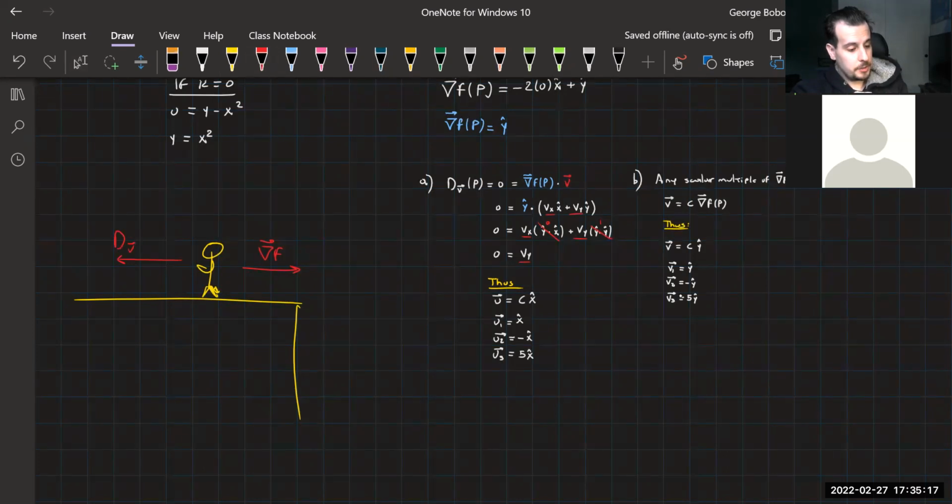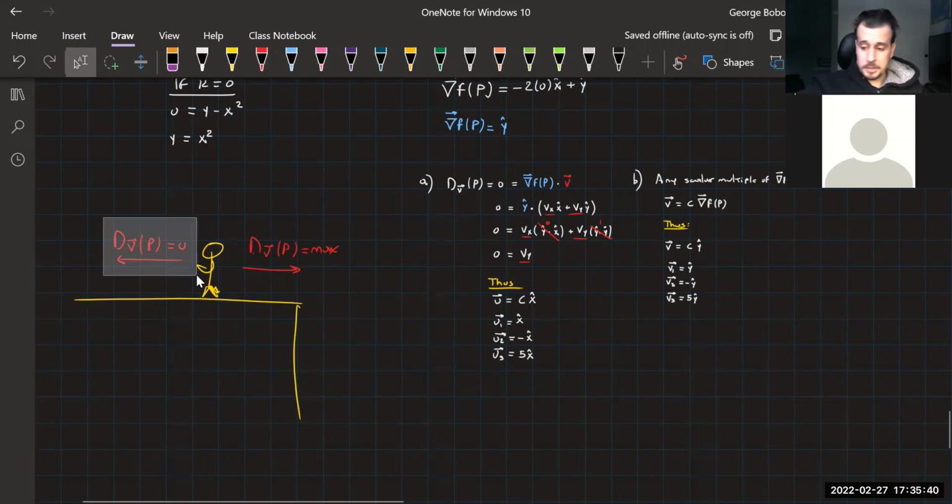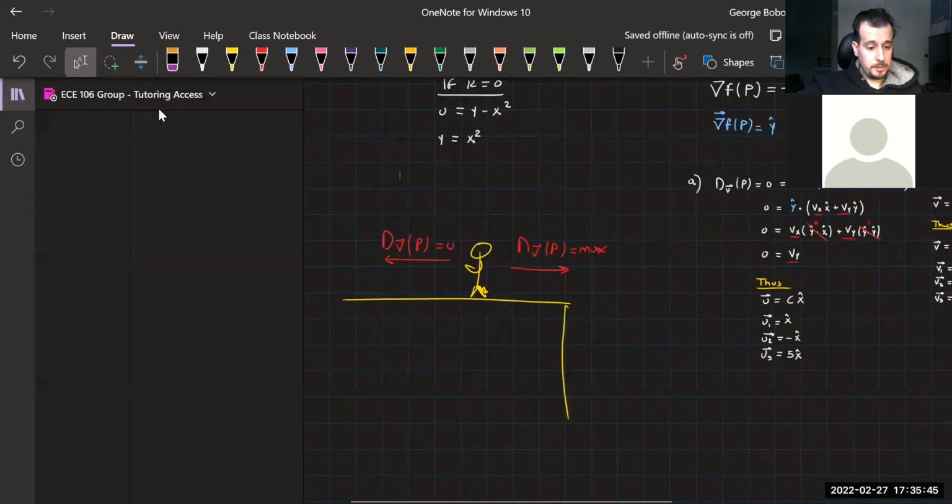So backwards here right now makes this directional derivative 0. Forwards maximizes this. You see what I'm talking about? So I gave her an interpretation if someone was standing at the edge of a cliff. We'll just tell you jump off. But follow this directional derivative after the midterm, okay? Not the other one.